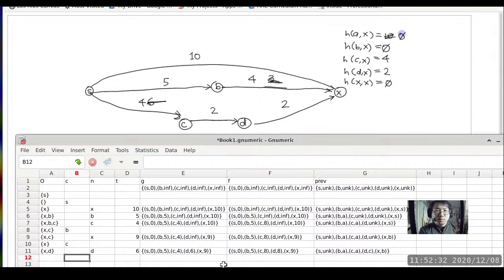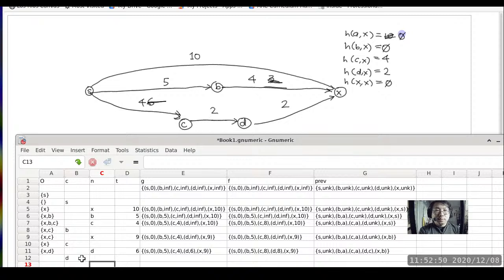We try to choose between vertex x and vertex d based on their f values. F of x is 9, f of d is only 8, so d is more promising than x, so we choose d, and then we look at all the outgoing edges from d.